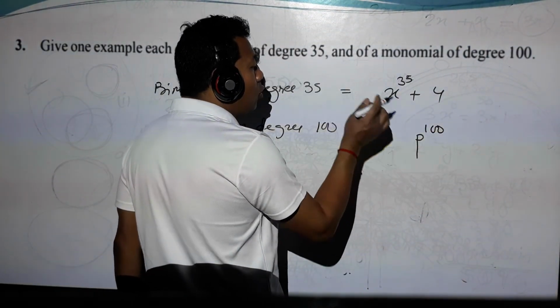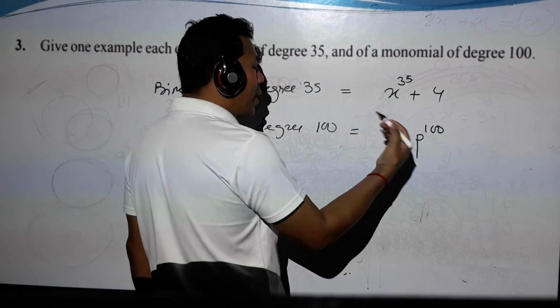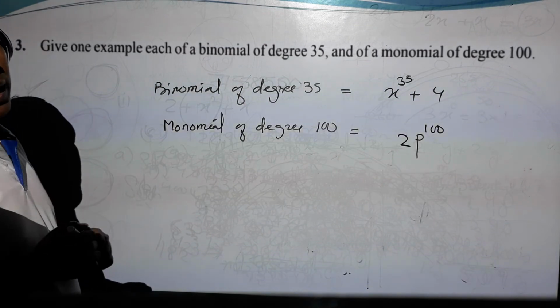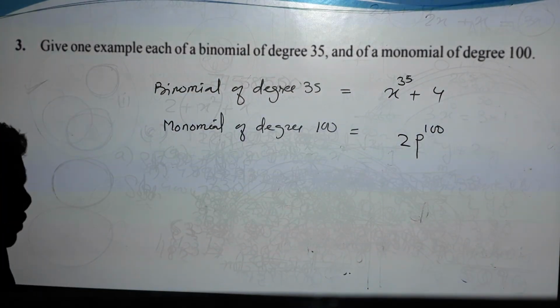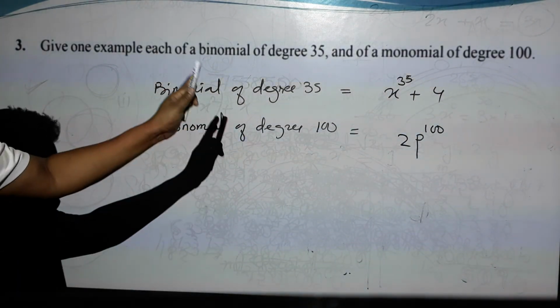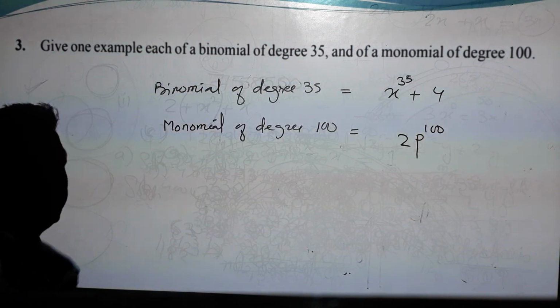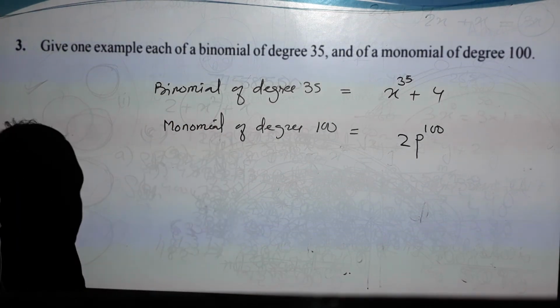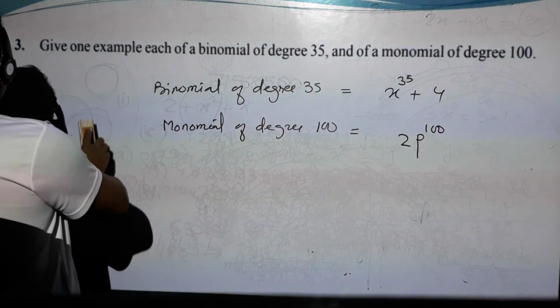And you can add any coefficient if you want: you can add 2, minus 2, anything. This is one example of a monomial having power 100. At home, with this same question, try to write more examples of these types. Let's see the next question.